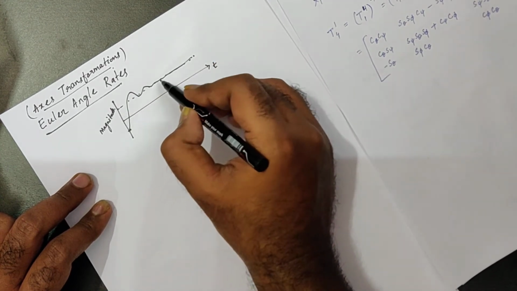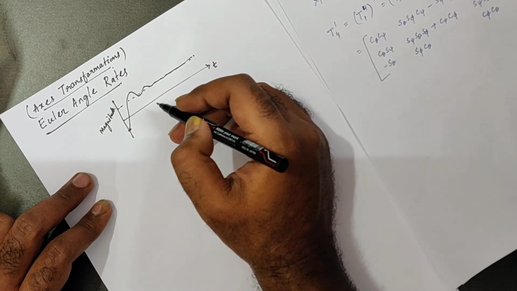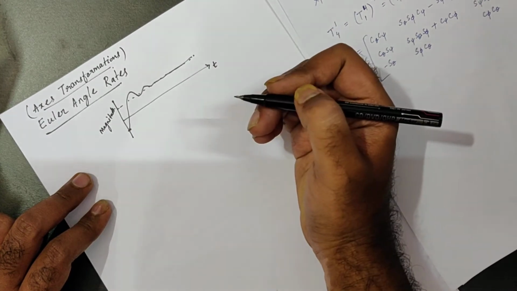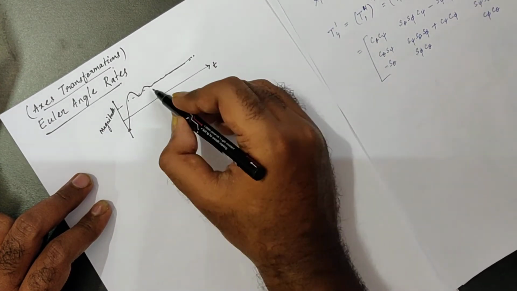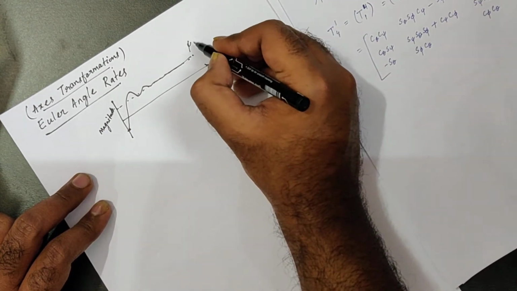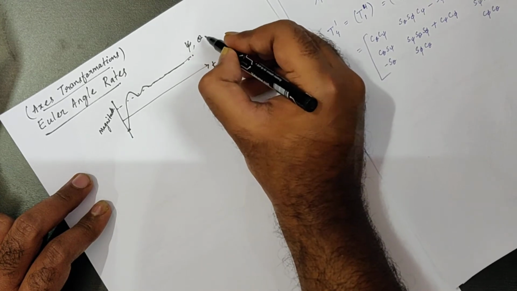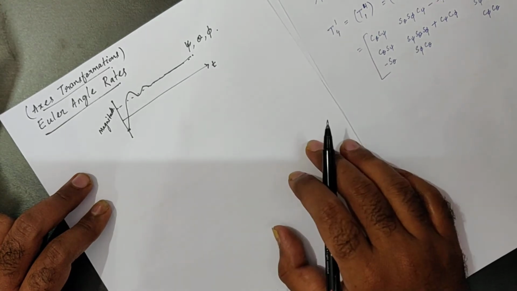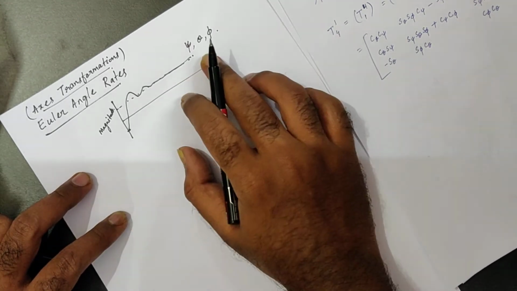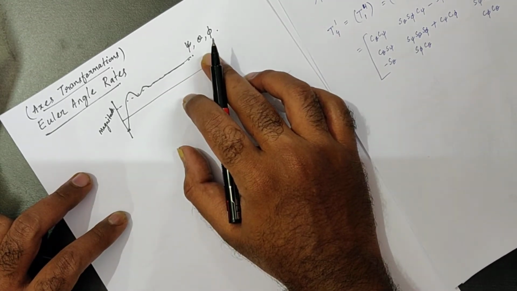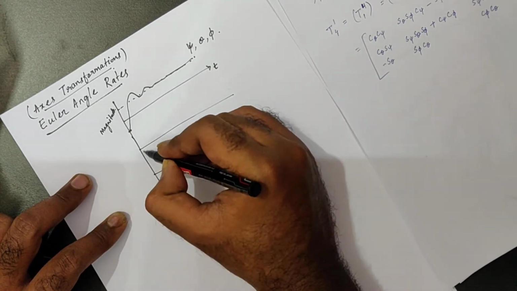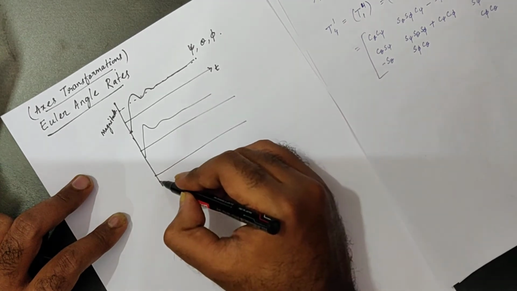So this is one example of the time response of the Euler angles. So this might be a psi or theta or phi, any angle which we are interested in. So if we are interested in 3 parameters simultaneously, then we will get 3 such curves simultaneously, right?